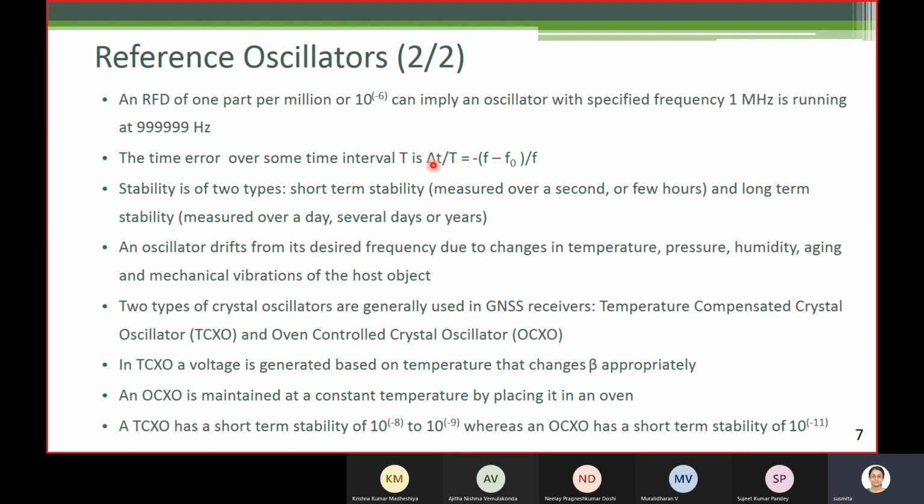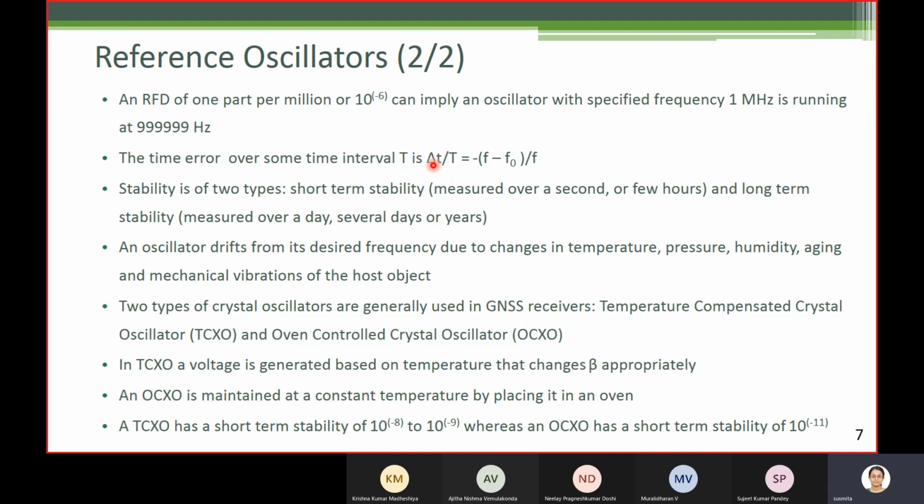So this means the time reported by the oscillator is more than the actual time. Or in other words, the actual time is less than what the oscillator reports if the oscillator runs fast. On the other hand, if the oscillator is running slowly, the reverse happens.